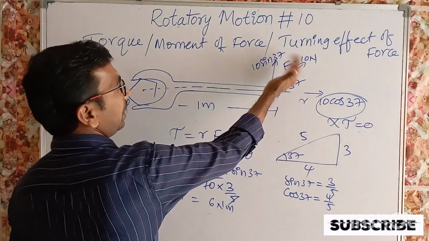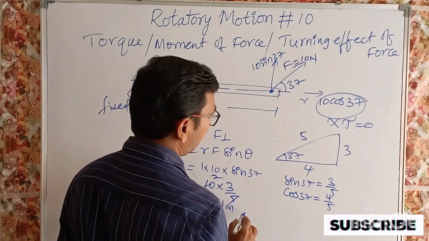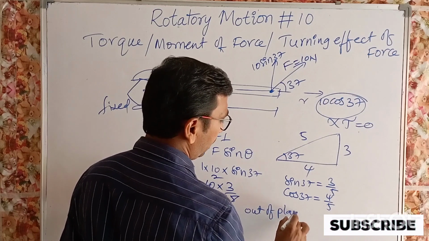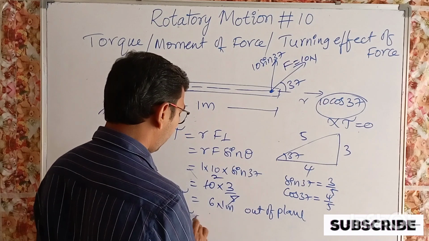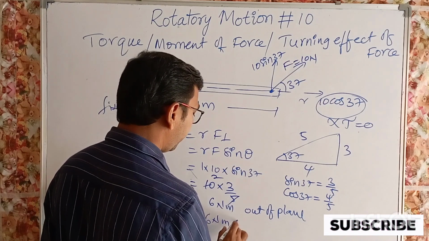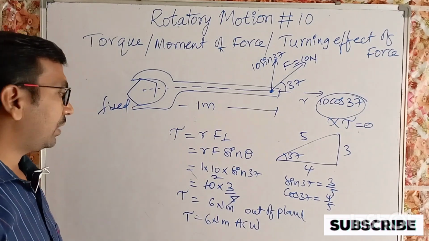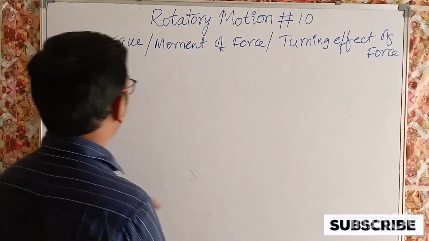Out of the plane means anti-clockwise sense. So torque tau is equal to 6 Newton meters anti-clockwise. Understood, all of you? Can I discuss one more example?